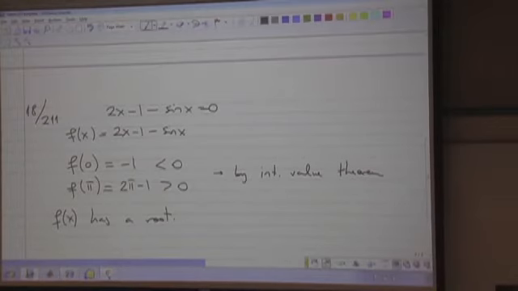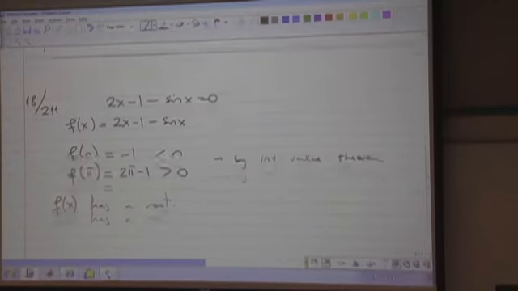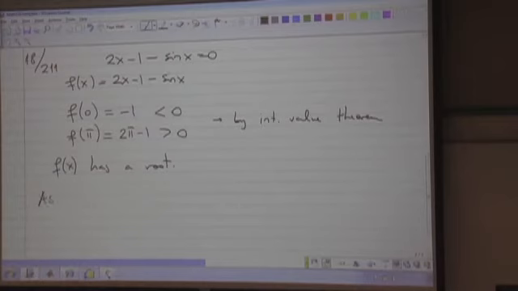Okay. So then what else do we need to show? We need to show that it's unique, right? So assume it has two roots. I on purpose did 17 because I figure all you have to do is just follow exactly what 17 said, with the only difference being that you replace your function with this function, and the exact same thing will follow.